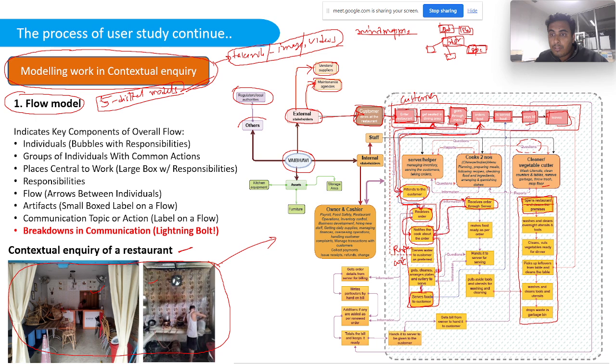So this set of information we could capture here, that the cleaning guy is the person who opens the restaurant, then he washes the overnight utensils, then he cuts the vegetables, so the cleaner cuts the vegetables, and then picks up leftovers. So maybe there's a missing line here.